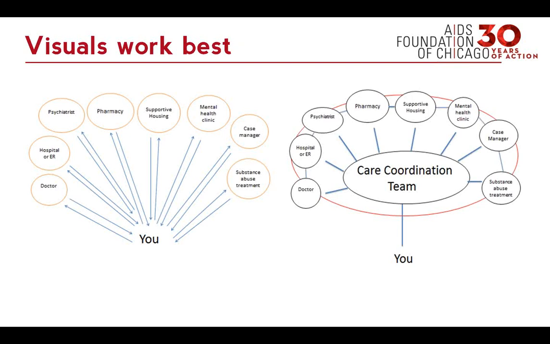And the visual on the right is what managed care and care coordination looks like: the client connected to a team of people that are helping to coordinate their care and helping those providers to communicate with each other to improve individual health.